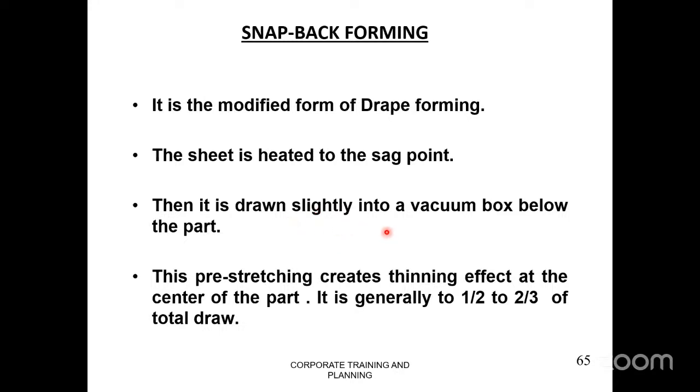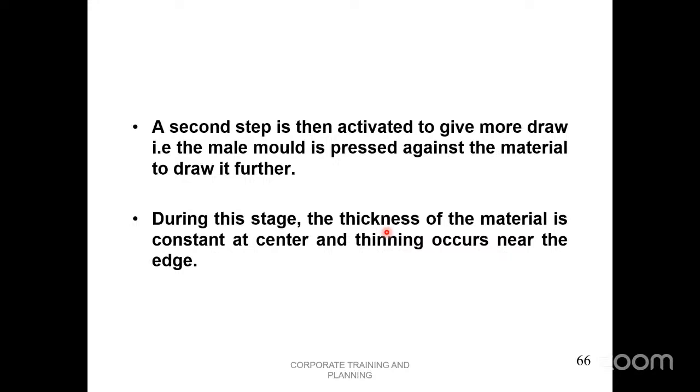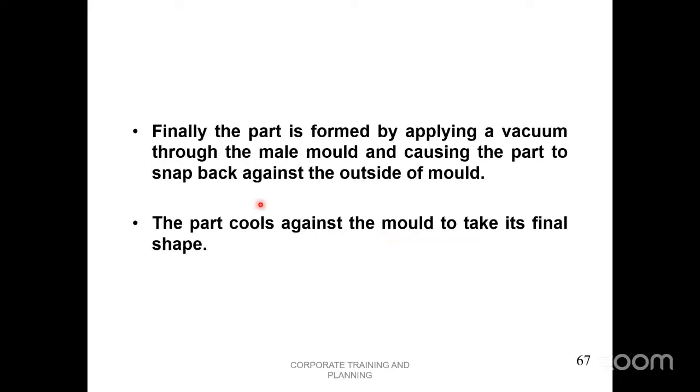This male mold is pressed against the material to draw it further. During this stage, the thickness of the material is constant at the center and thinning occurs near the edge. We have seen the last video, friend, of snapback: thinning at the side or thinning at the base.